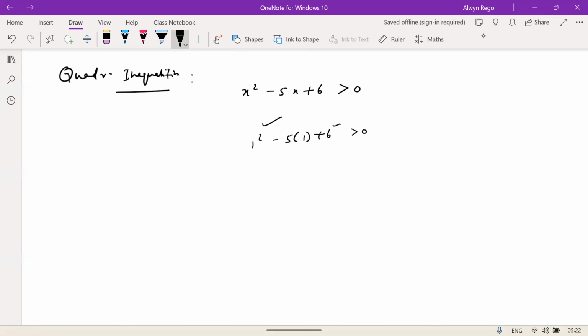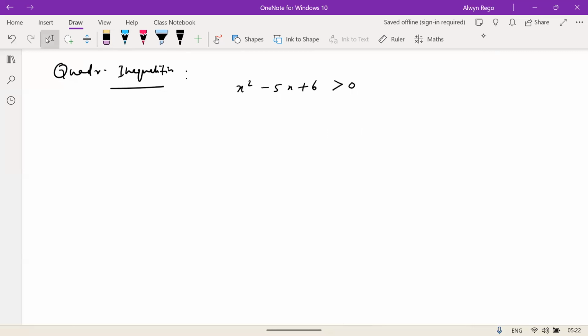Supposing I put 10 here, 10 squared minus 5 into 10 plus 6 may be more than 0. But I cannot conclude in general what values of x satisfy this inequality unless I really know where it is satisfied.